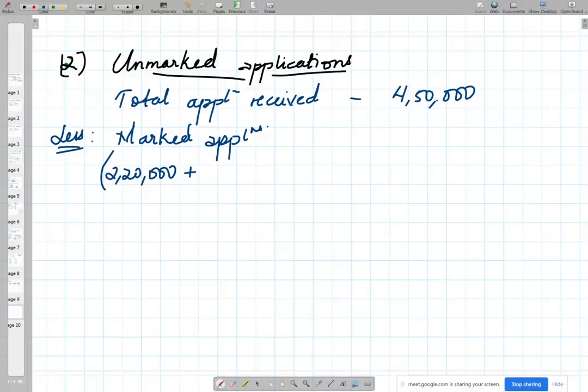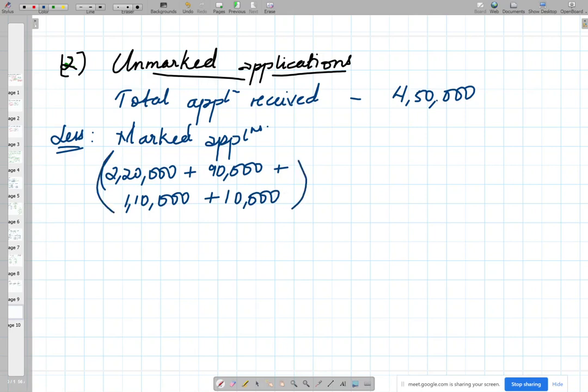So 90 plus 1,10,000, I'll just write it down here, lack of space, and sorry, 10,000 total. Okay, so how much does this give you? The total of all of these marked applications will come to 4,30,000.